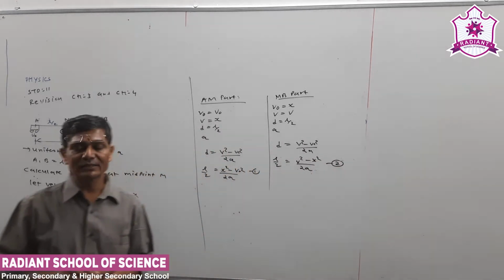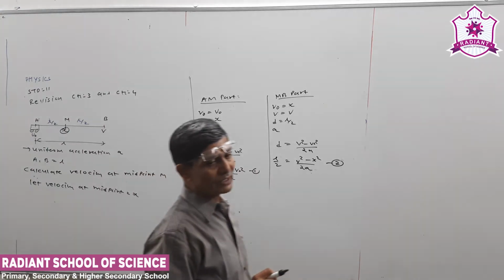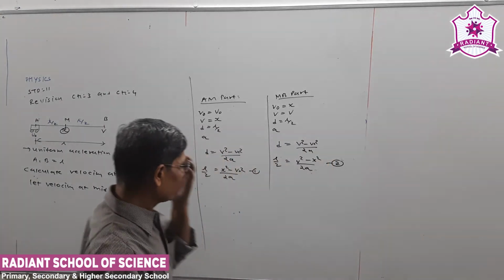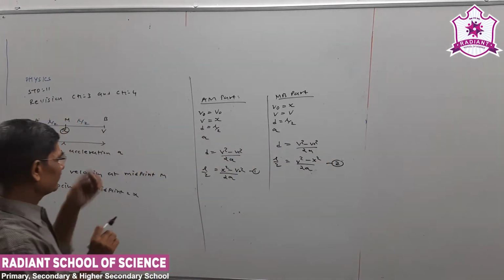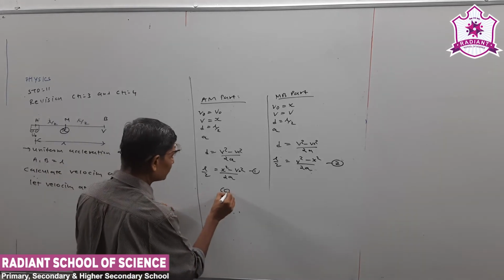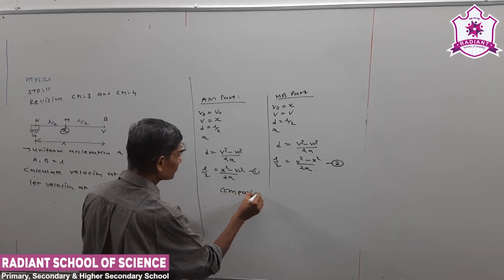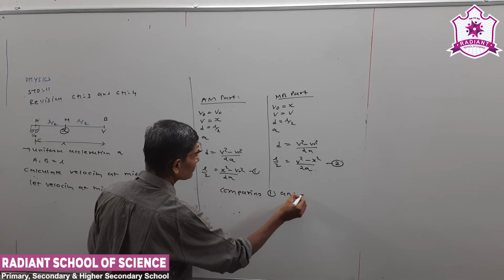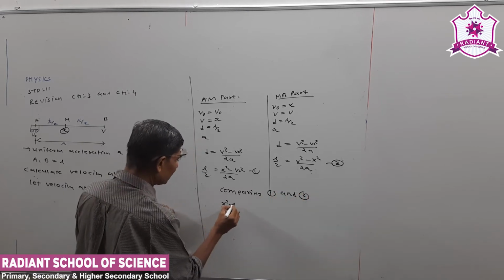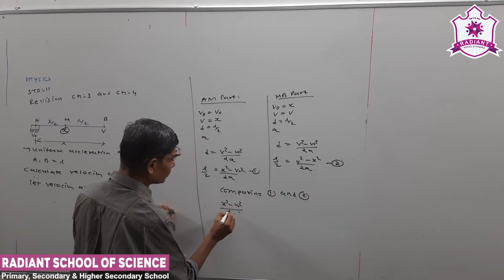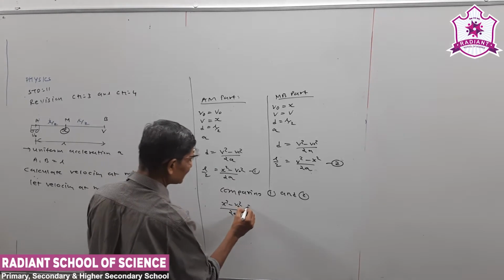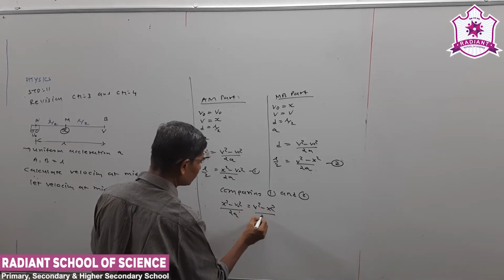Now what can we see? The left hand side of both equations is the same, so we can compare. x square minus v0 square upon 2a equals v square minus x square upon 2a.